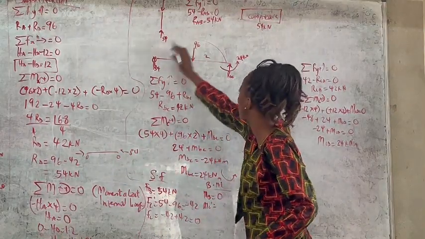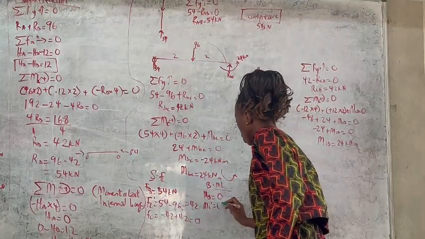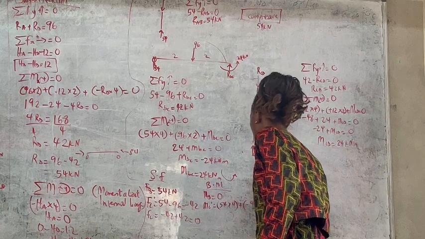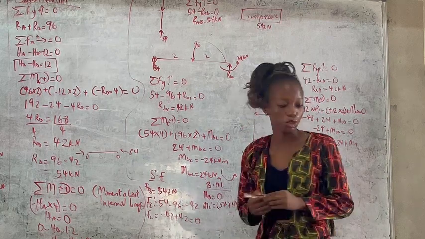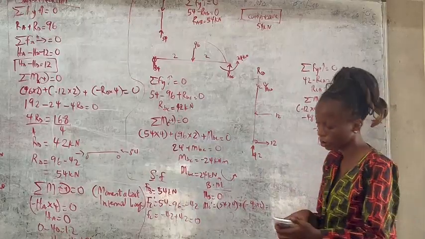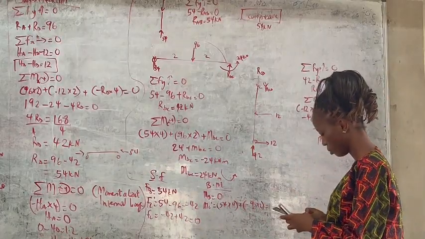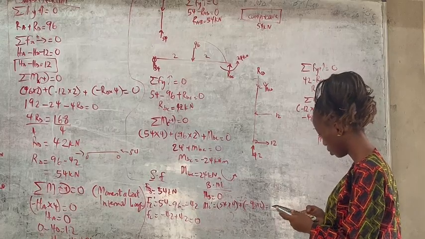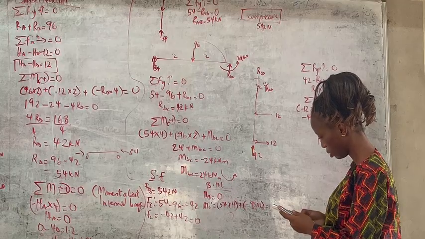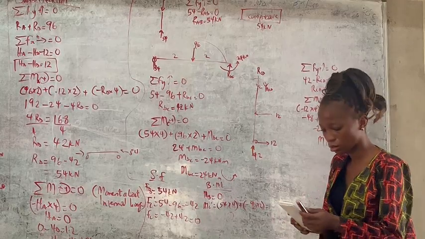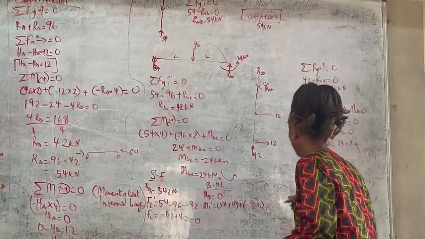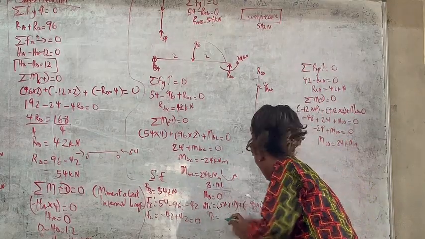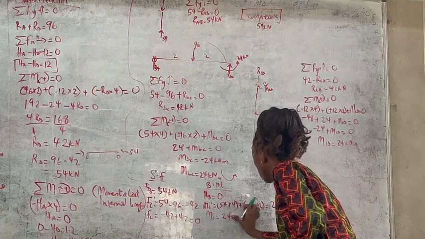The moment at 6 is going to give us 54 times 4 plus minus 96 times 12, and that should give us minus 24, which is 24 kilonewton meters. Now, the moment at C itself will be 24 kilonewton meters.